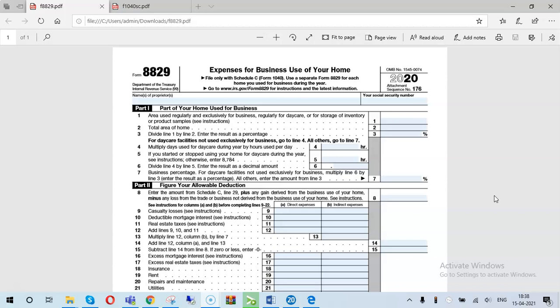Now let's have a discussion for line number 3 in Part 1, daycare facilities. So guys, what is a daycare facility? If you use space in your home on a regular basis in the trade or business of providing daycare, you may be able to deduct the business expenses even though you use the same space for non-business purposes.